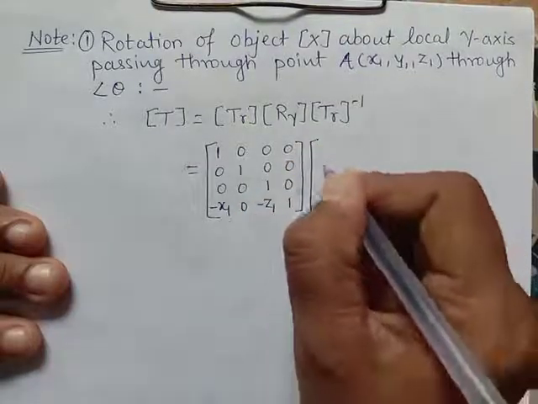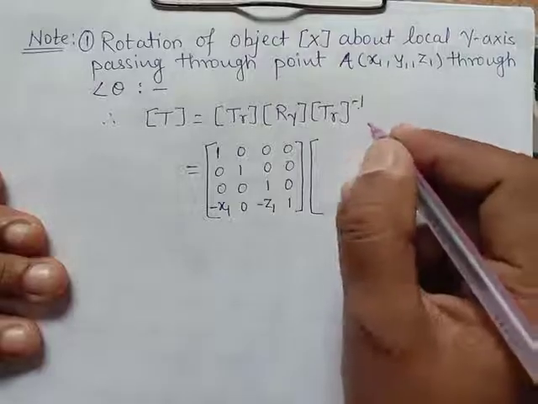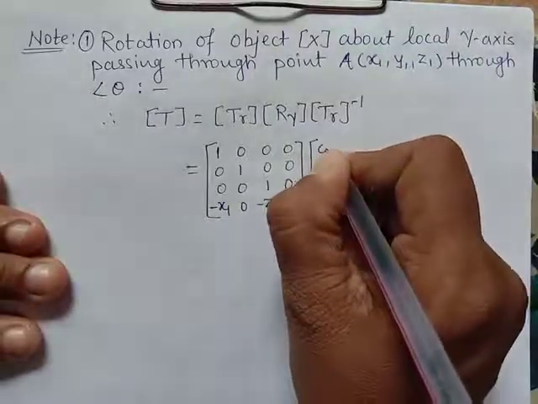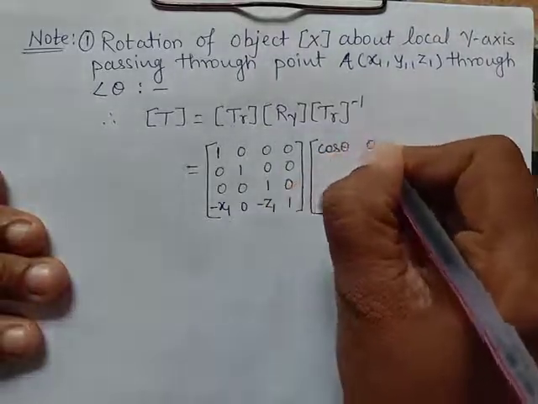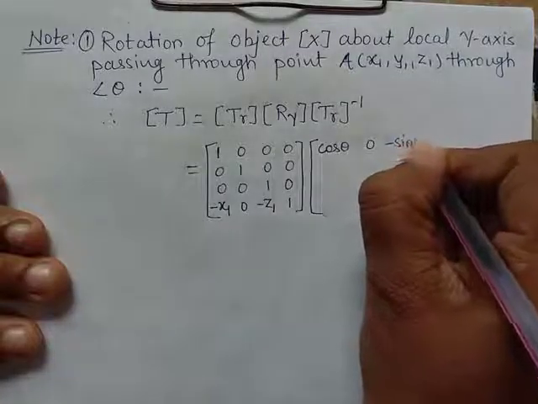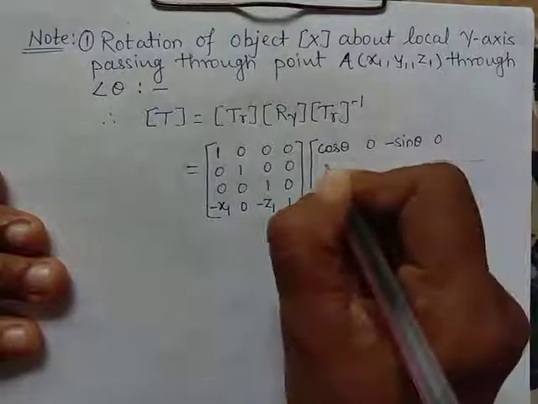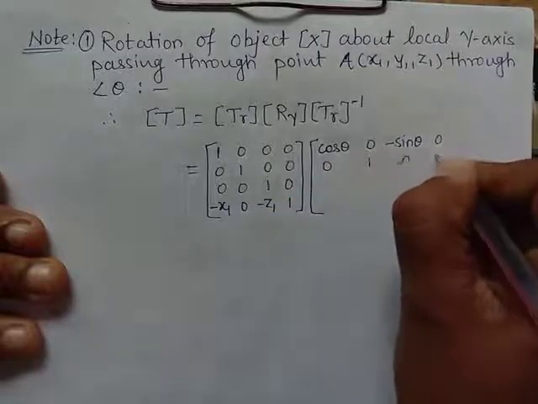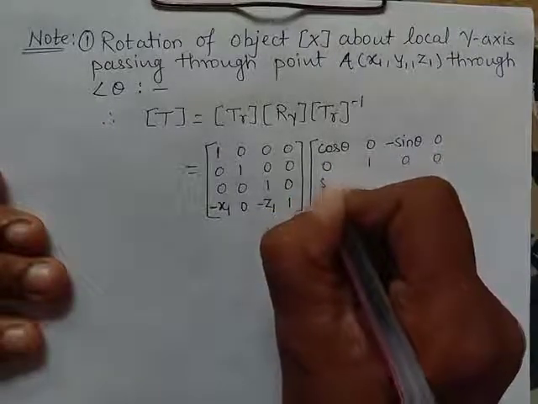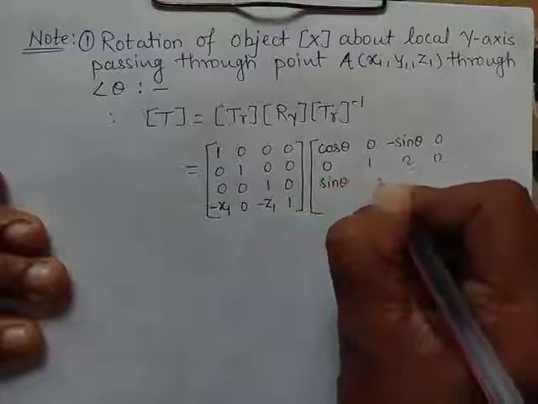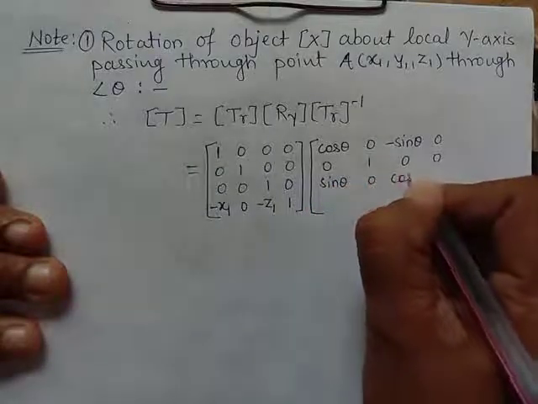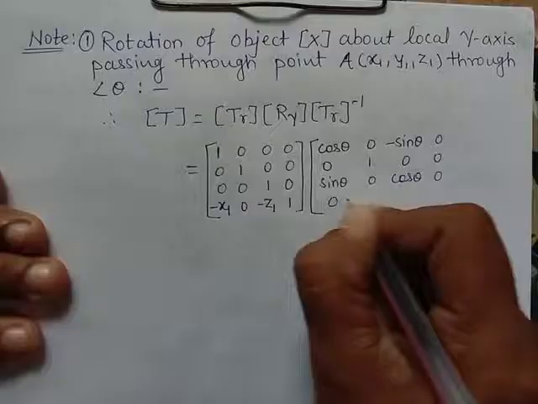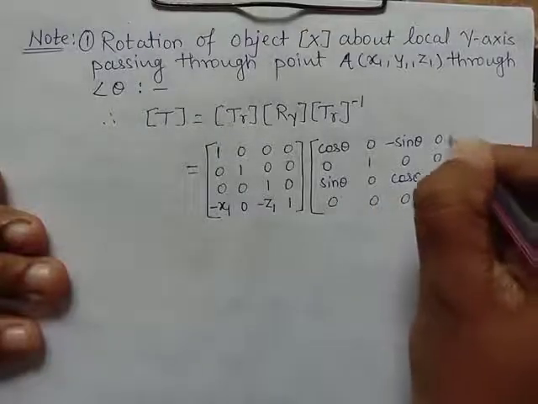Into rotation through the y-axis. That matrix is cos theta 0 minus sin theta 0, then 0 1 0 0, then sin theta 0 cos theta 0, 0 0 0 1.